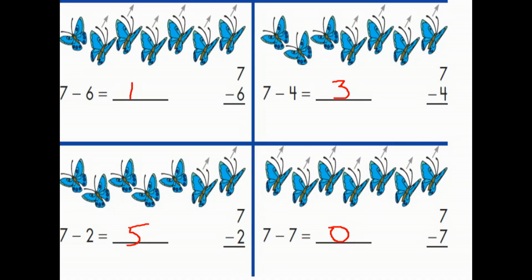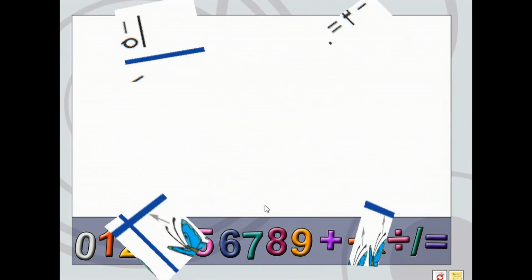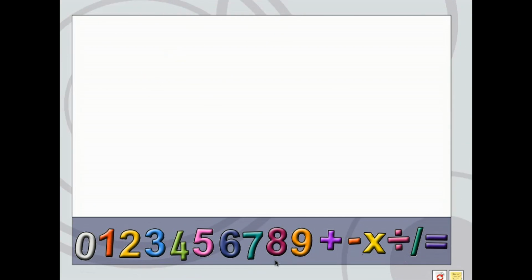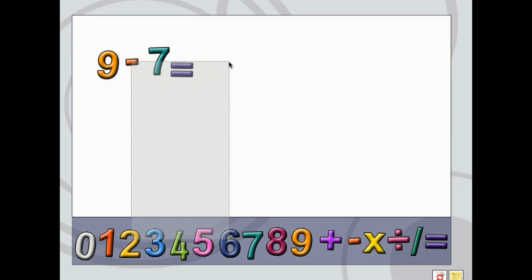The next is what? Again, we can show subtraction with this diagram I showed you earlier. I can use 9 here, and subtraction, minus, let's say 7 equals 2.